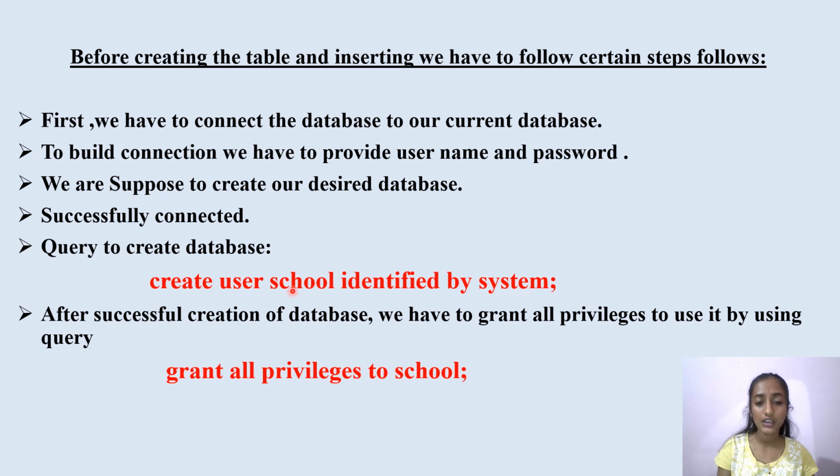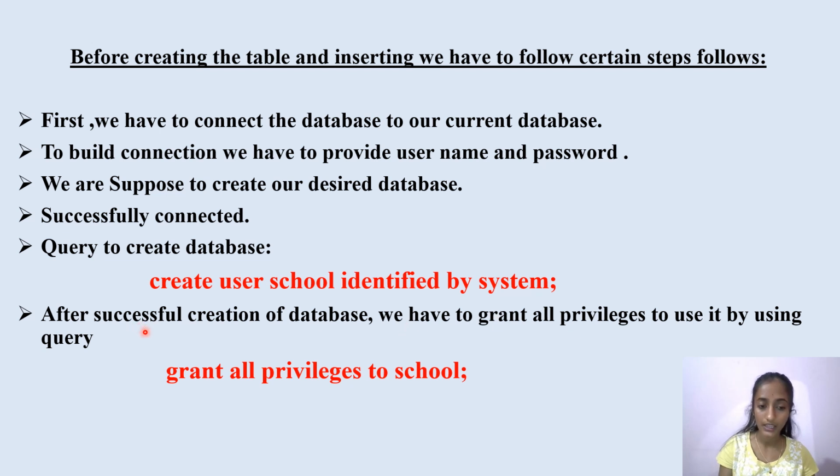The query to create a database, which I have mentioned in red letters: create user school identified by system. Here create user is a keyword, school is a database name, identified is also a keyword, by is also a keyword, system is a username. After successful creation of the database, we have to grant all privileges to use it.